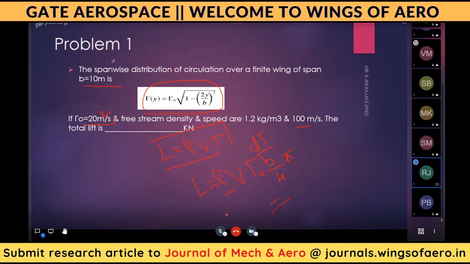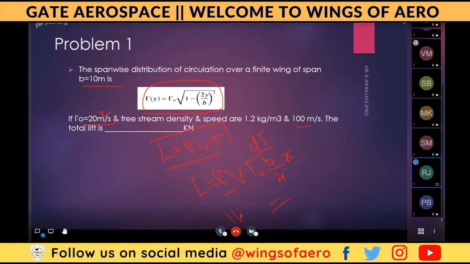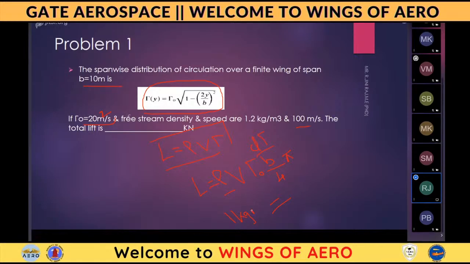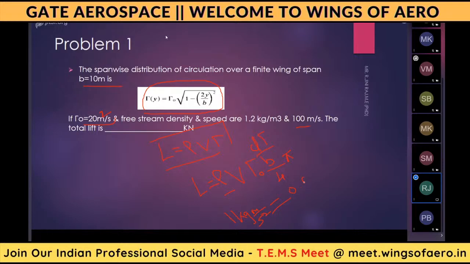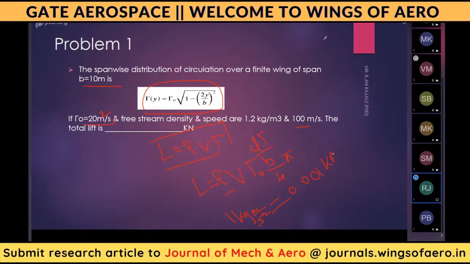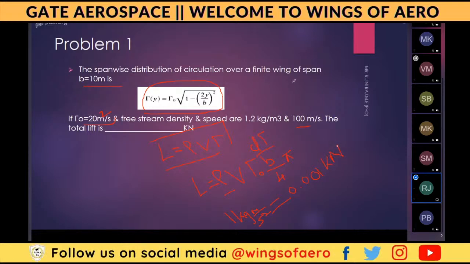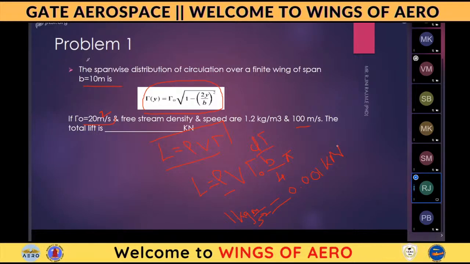Please note this also, that you know that 1 kilogram meter per second square is equal to 0.001 kilonewton.